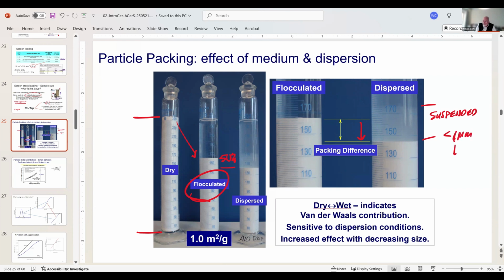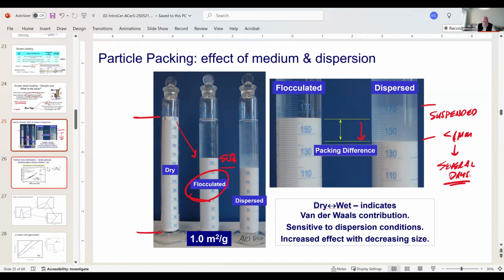And it might take them a week to settle, or several days, we'll say. So this will take a long time to settle, and you can see approximately where they're at. This volume may change slightly, but there are not many particles here. So this is probably going to stay the same, but you will see that this cloudiness will go away with time.